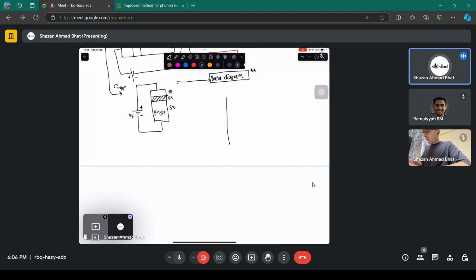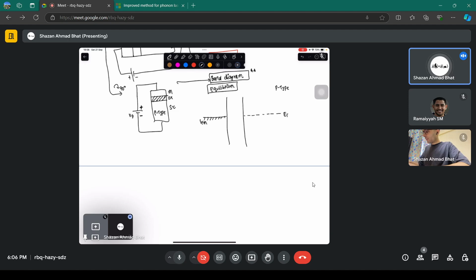Let's say you have an oxide and you have a metal. Let's say this is a band diagram in equilibrium. In equilibrium, the Fermi level wants to be aligned. So this is the Fermi level of the metal. And this is the Fermi level of the semiconductor. We are taking the p-type semiconductor for the time being.